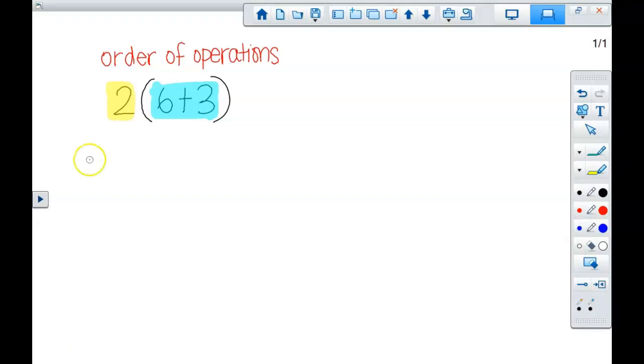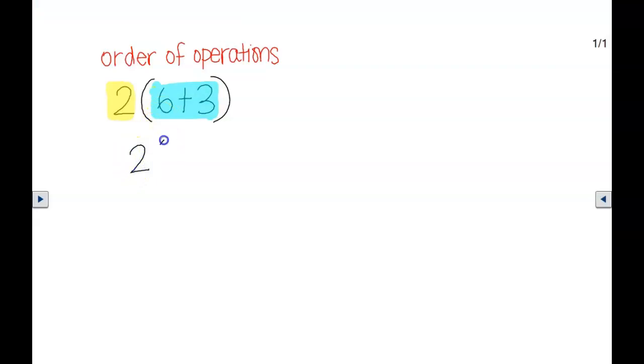So first I would do that group 6 plus 3. We know that 6 plus 3 is 9. So this would become 2 times 9, and then 2 times 9 is simply 18. So the answer for this problem, 2 times the entire group 6 plus 3, would be 18.